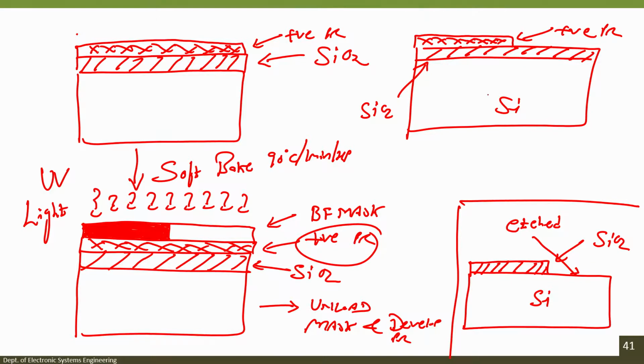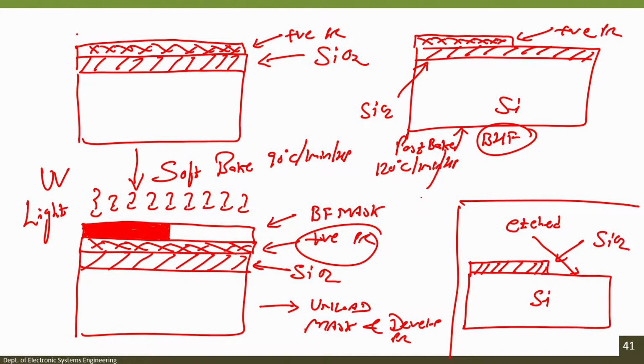The next step is I will dip this wafer in BHF. BHF is okay, but before that I have to perform a post bake, right. Post bake is done at 120° centigrade for 1 minute on a hot plate, alright.